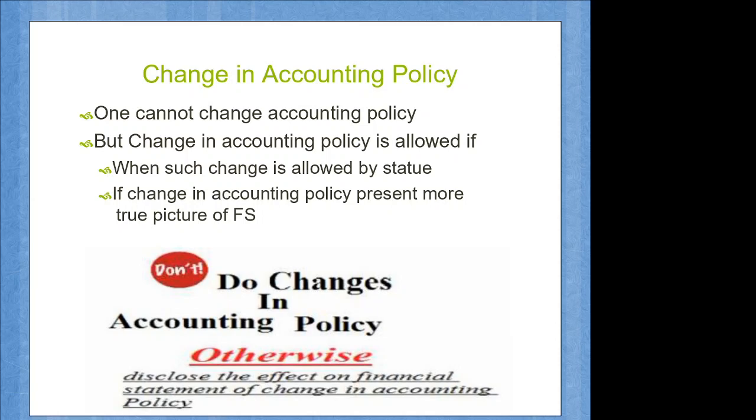So this kind of change in accounting policy is recommended, and when we change this, we should disclose the effect of the change in accounting policy on the financial statements, and it should be fully informed by way of disclosure under Accounting Standard 1 below the financial statements. Again, such a change must be allowed by the statute. If it is not allowed by the statute, then it is not desirable.